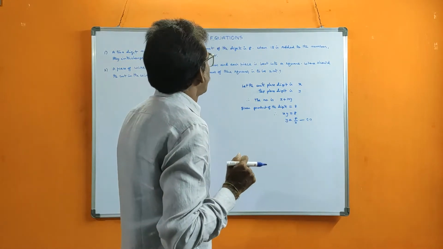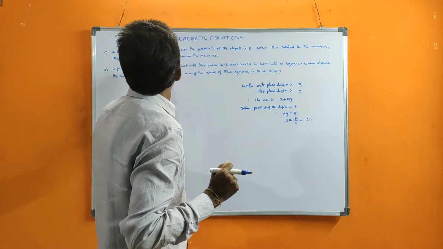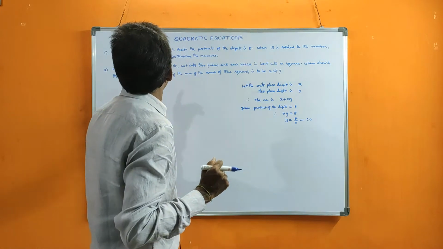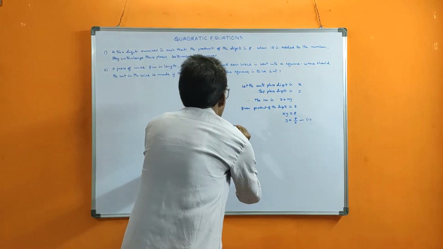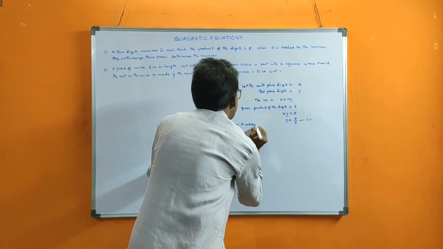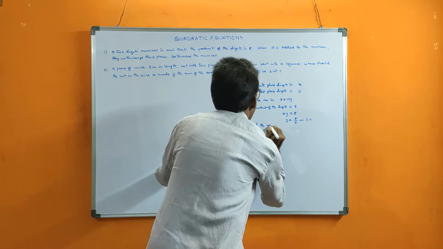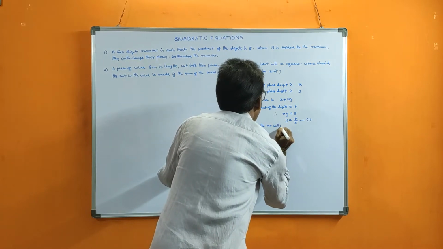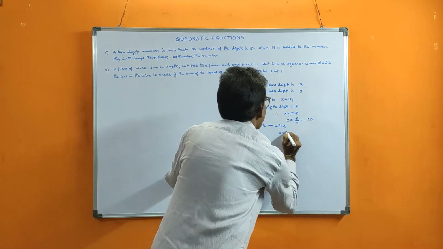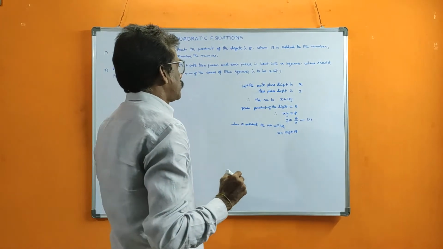Now the next condition: when 18 is added to the number, the digits interchange their places. When 18 is added, the number x plus 10y plus 18 becomes the number with interchanged places.